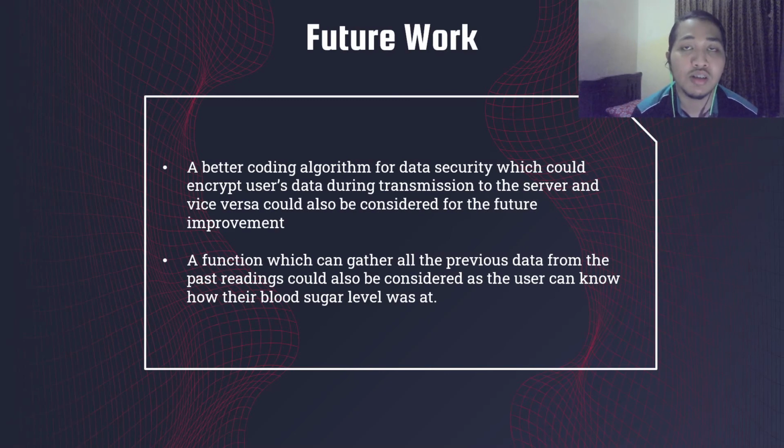For the second one, a function which can gather all the previous data from the past readings could also be considered, so the user can know how their blood sugar level was. So if there is time in the future, these recommendations will be implemented.